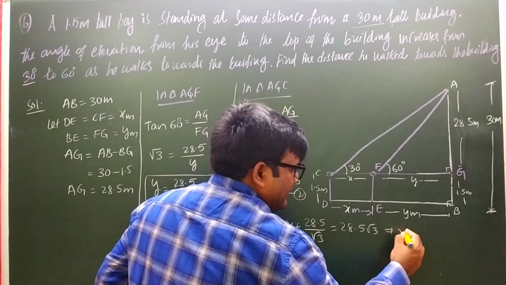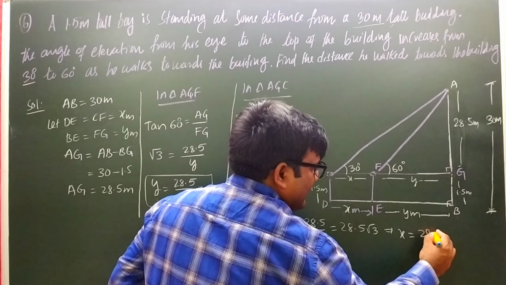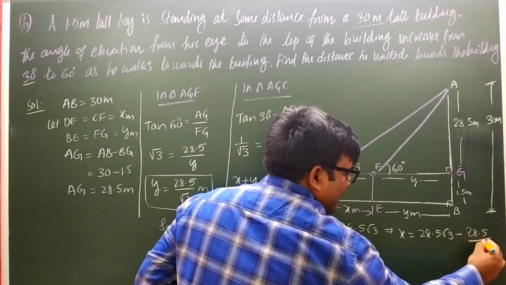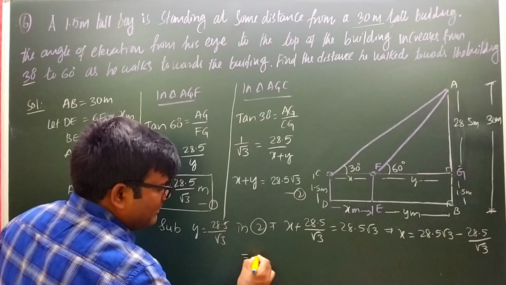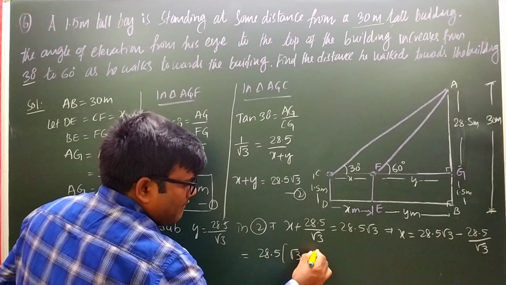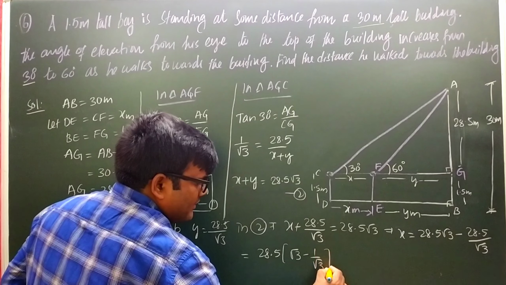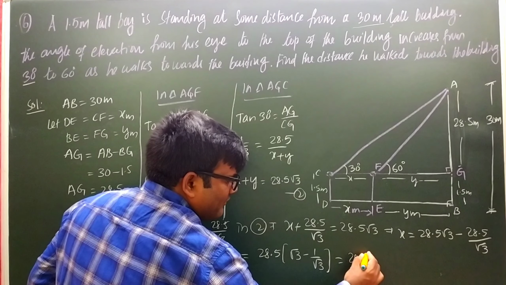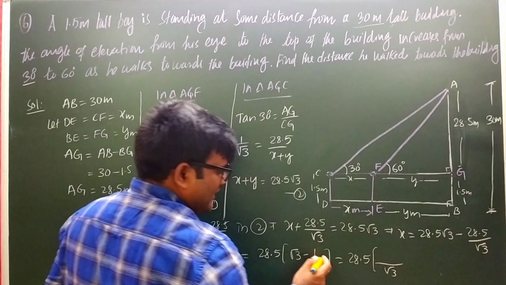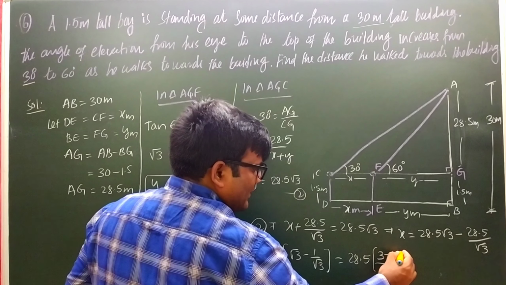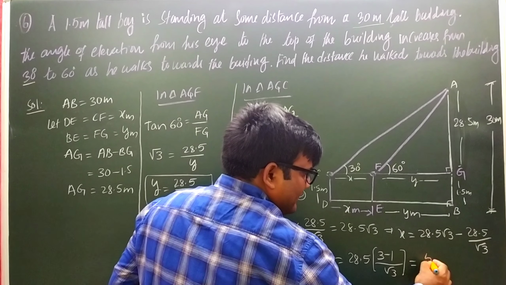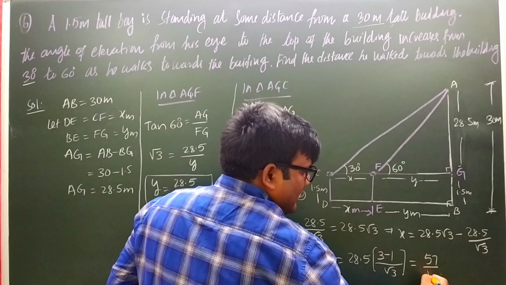That means you will get x equal to 28.5√3 minus 28.5 by √3. Take 28.5 common. We can write √3 minus 1 by √3. So that is equal to 28.5 into, simplifying, take the LCM, √3 into √3 is 3, minus 1. So 3 minus 1 is 2, into 28.5, that is equal to 57 by √3.